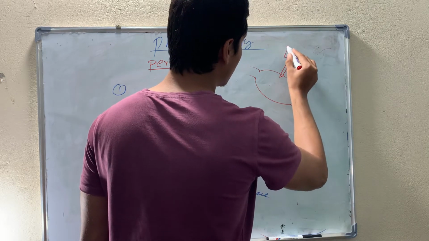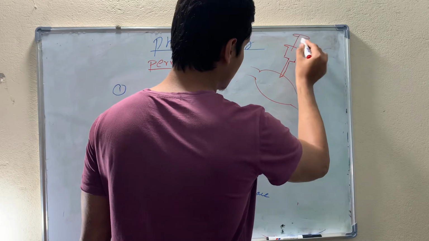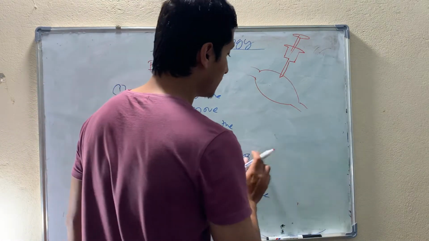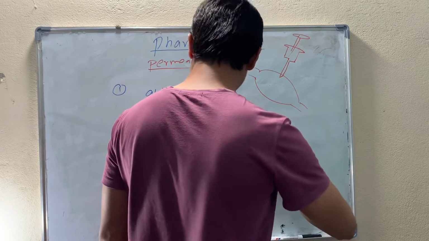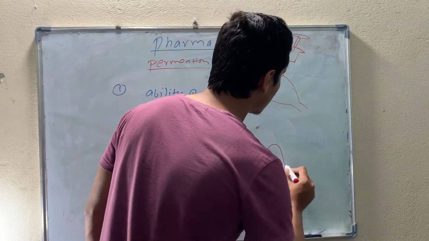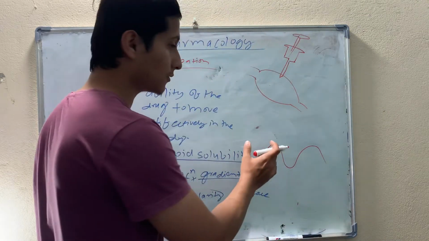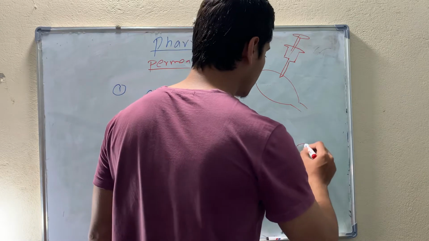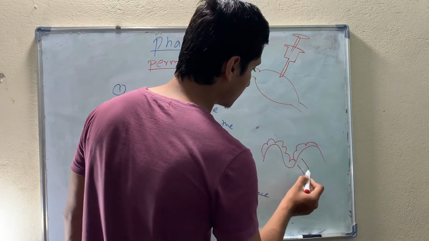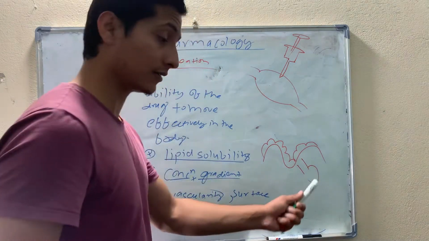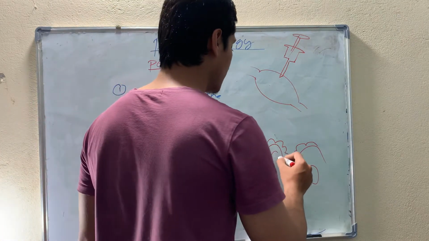Here is the dermal epidermal junction, here is your epidermis, and down you have the dermis with hair shafts, hair follicles and blood vessels.